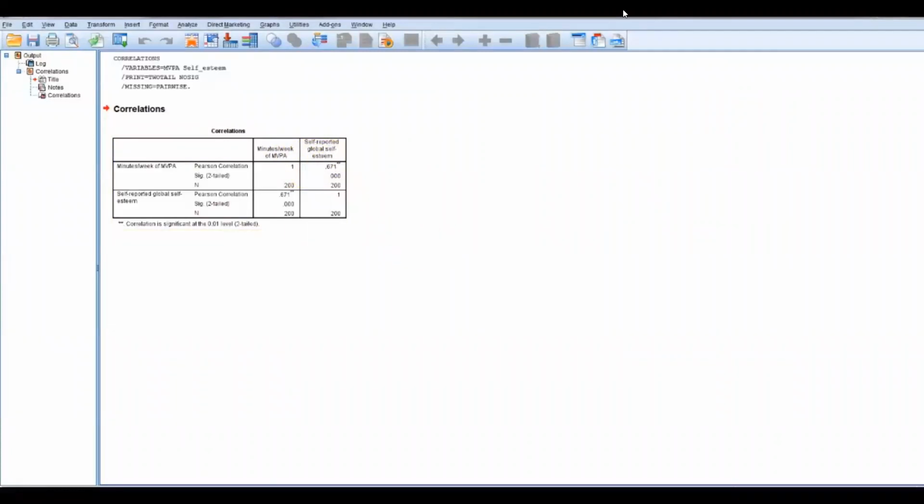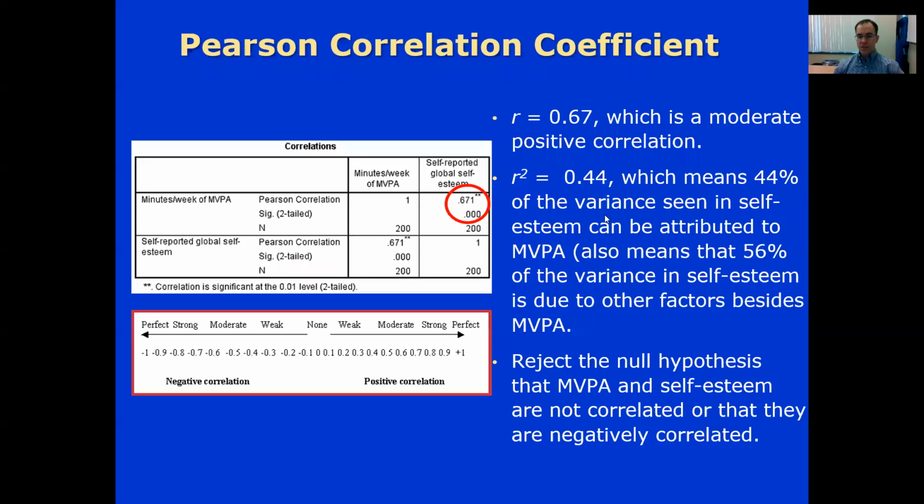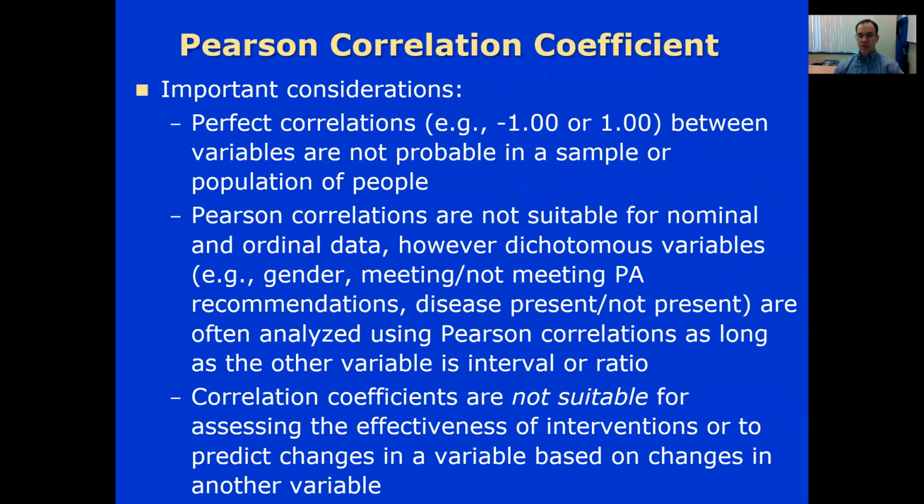So that was a video that discussed the Pearson correlation coefficient using SPSS. A little bit more information about this coefficient, some considerations. As we mentioned, a perfect correlation of -1 or +1 between variables is not probable in a sample or population of people.